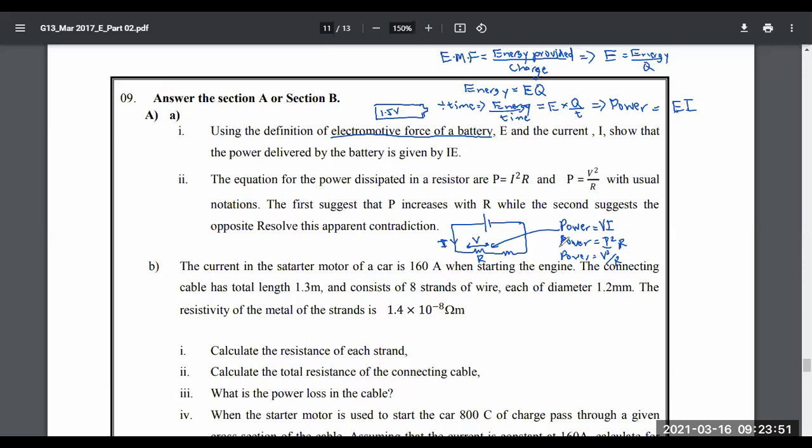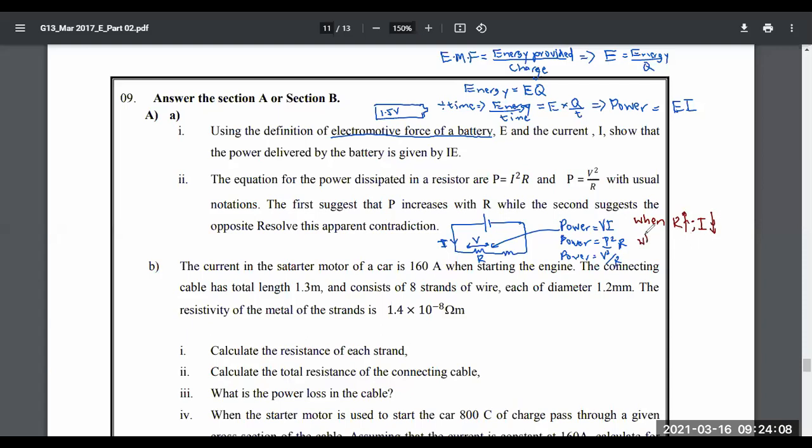What we need to understand is this. From these two equations, the comparison is going to happen like this. When you increase resistance, when R increases, what will happen to current through the resistor? Current through the resistor is going to reduce.